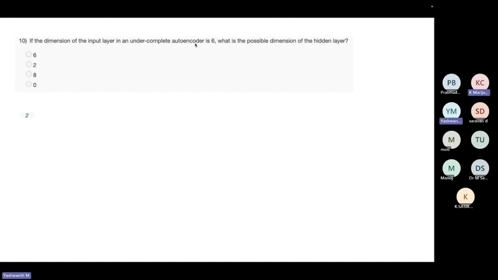You want an undercomplete autoencoder and input size is 6, and what is the hidden layer size? Anything below 6 is fine. Of course, 0 is not allowed, that means then there is nothing. So the only answer is true. Okay, okay.